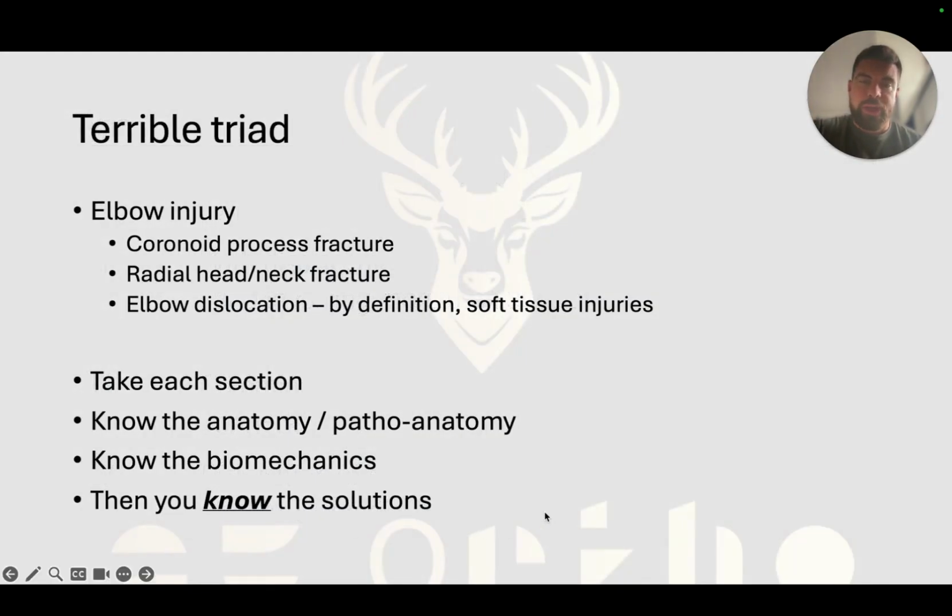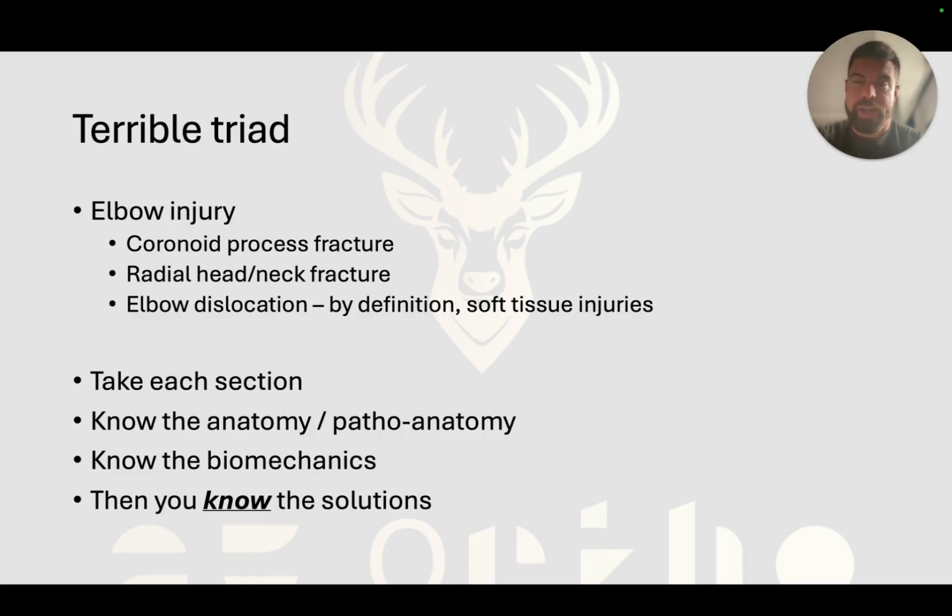For the terrible triad injury, you might think, look, I'm teaching how to suck eggs, but I think you need to be aware of being able to explain injuries if you use eponymous descriptions of anatomical surgical approaches, the difference between a Kocher and a Kaplan. And then, for instance, with the terrible triad, you need to be able to remember the difference between the terrible triad and the unhappy triad. And then specifically for this, knowing what it is and what it isn't.